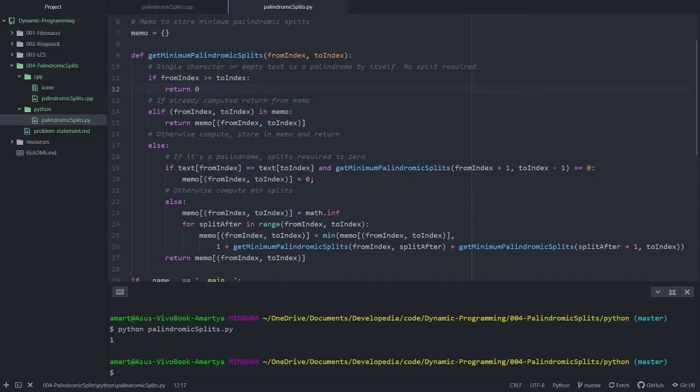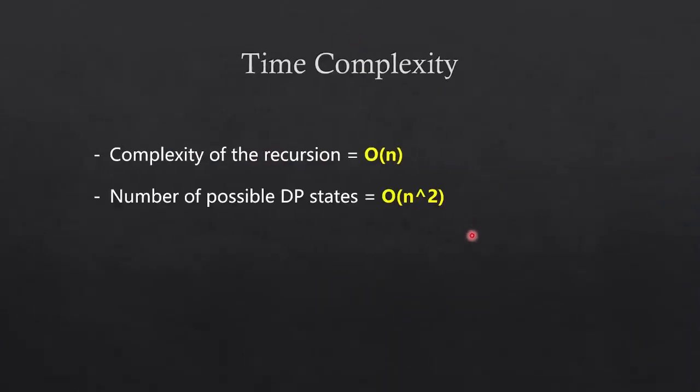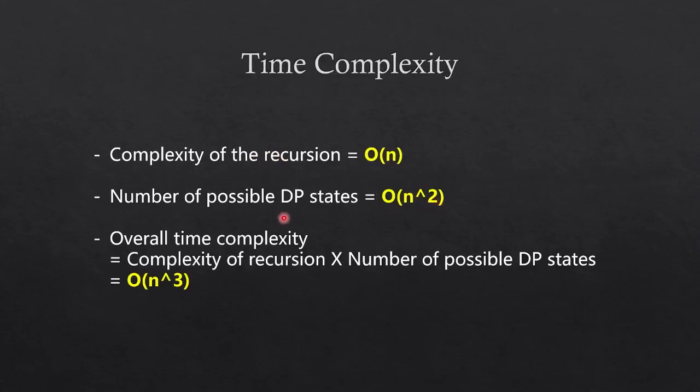So in either case, you have O of n and O of n. So the number of possible dynamic programming states you can have in this solution is going to be O of n times O of n, which is O of n squared. Therefore, the overall time complexity is going to be the multiplication of these two, which is O of n cubed.